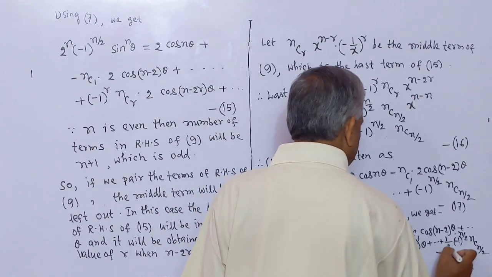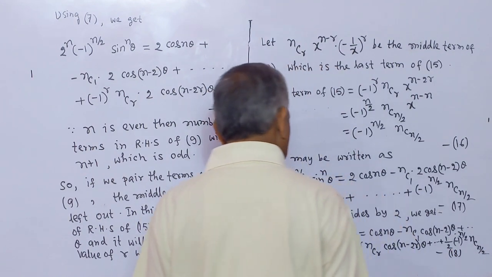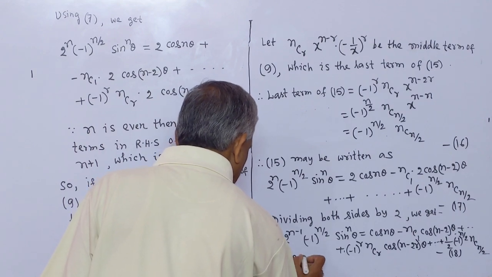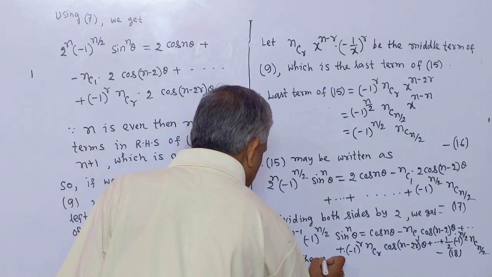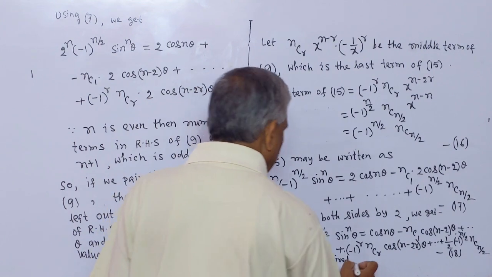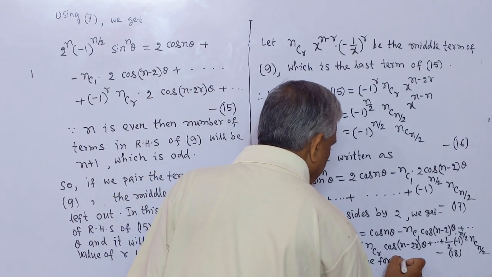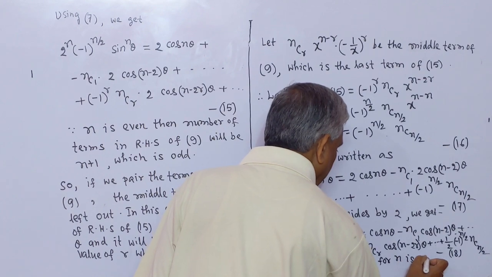This is number 18, which is the required value for n is even.